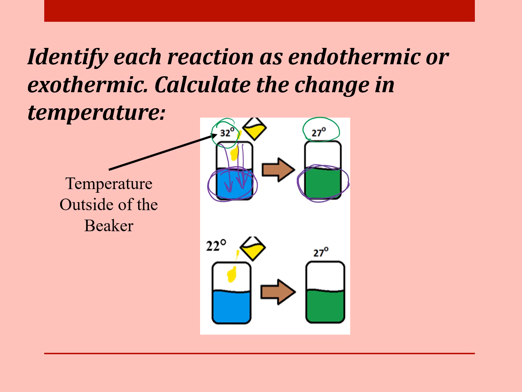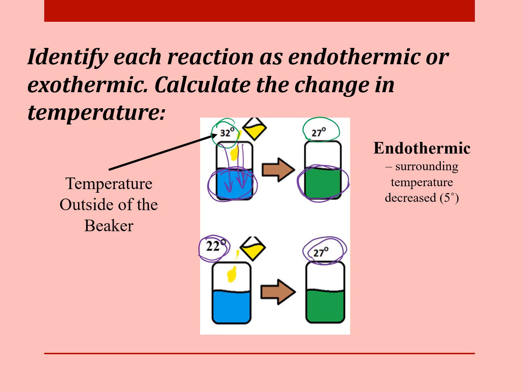What is happening to it? The arrows are going into it, so it would be an endothermic process. The surrounding temperature decreased by 5 degrees. On the other hand, if I go from 22 degrees to 27 degrees, my increase in temperature is 5 for the outside, which means that I had to gain energy on my outside in order to go from 22 to 27, which means that the beaker is releasing that energy. Therefore, the process in the beaker is an exothermic process.